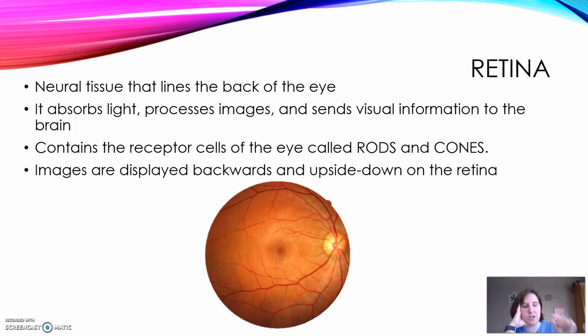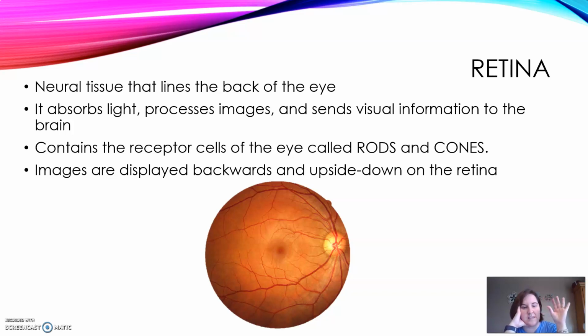So when an image goes through your eyeball, through the cornea, through the lens, what actually happens is the picture gets flipped upside down and backwards, and then it's put on the back of your retina that way. So everything that you see right now, if you're looking at me, if I were to take a picture of what is on your actual retina, I would be upside down and backwards.